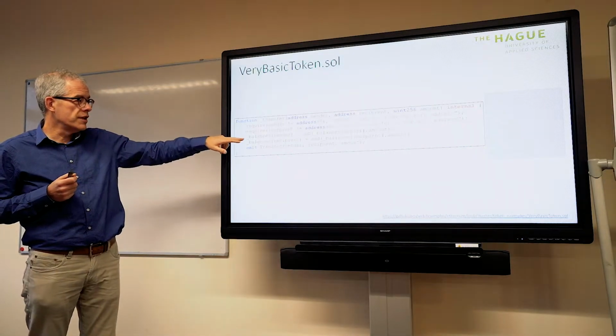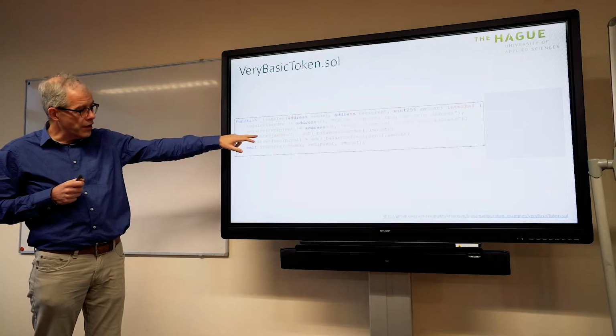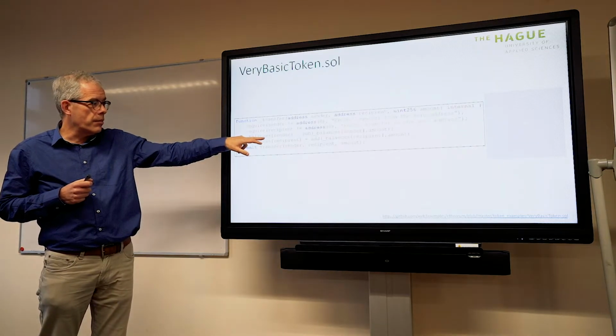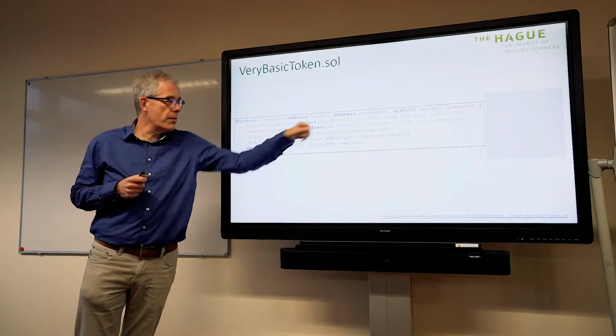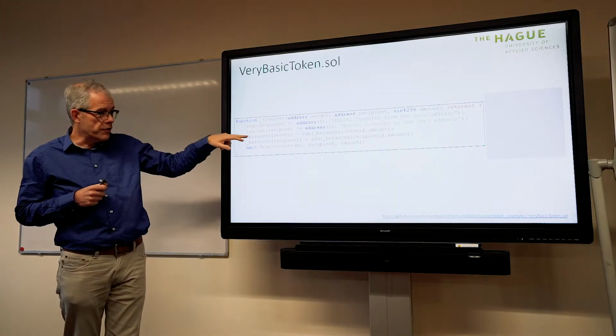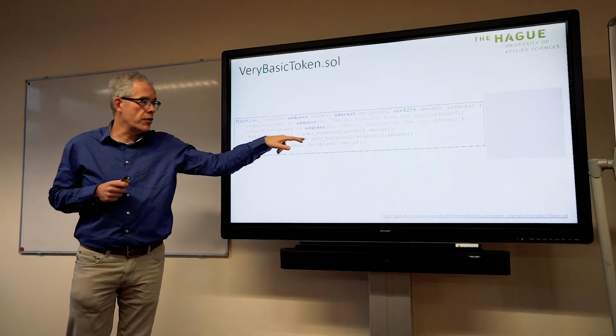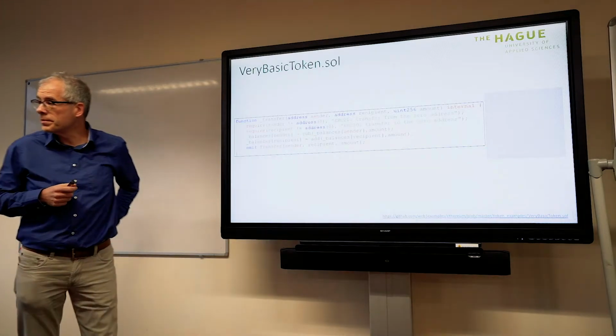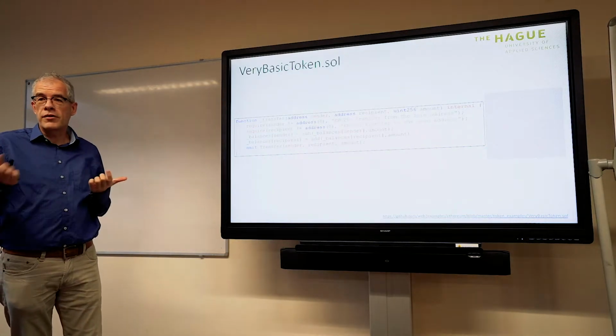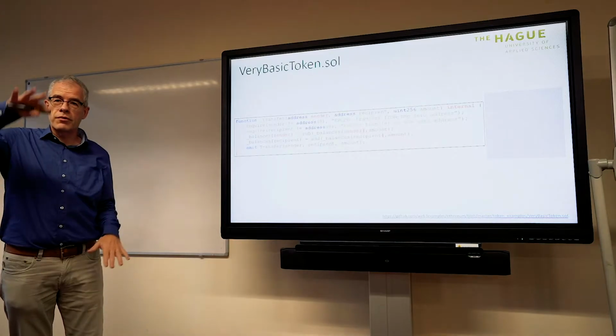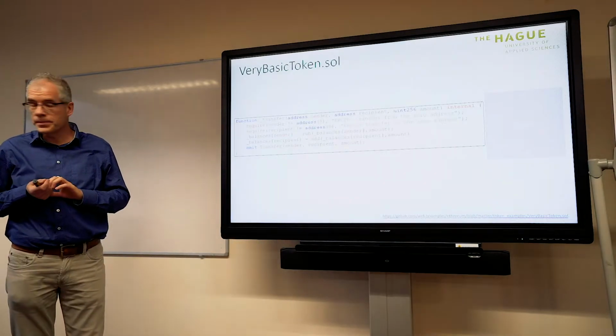So you just take the balance of the sender and lower it by a certain amount, and you take the address of the recipient and add a certain amount. So that's basically all there is, just transferring some numbers.